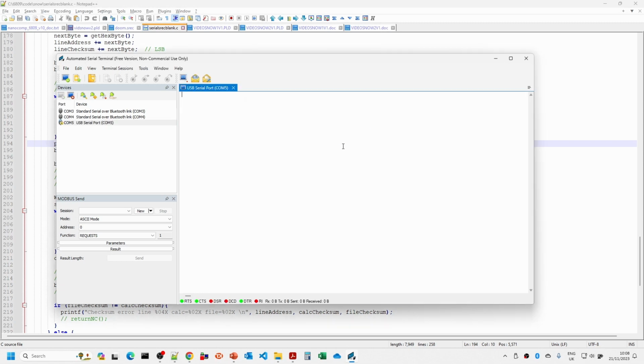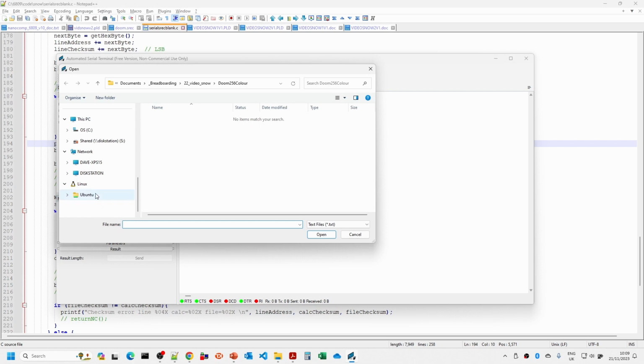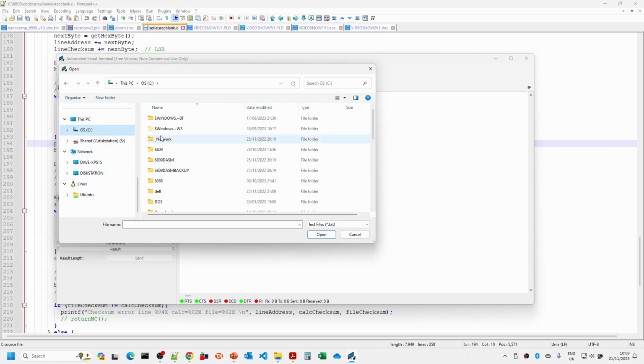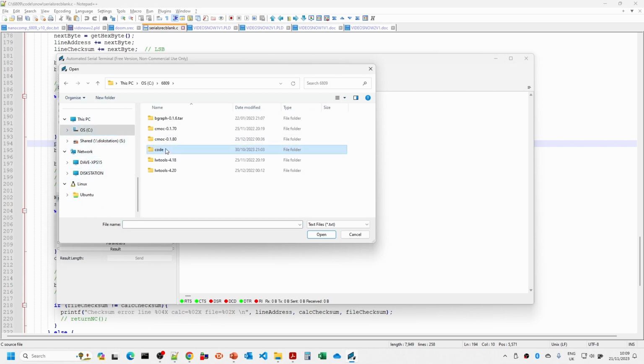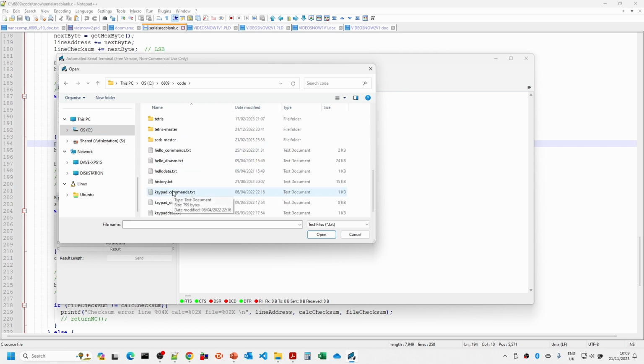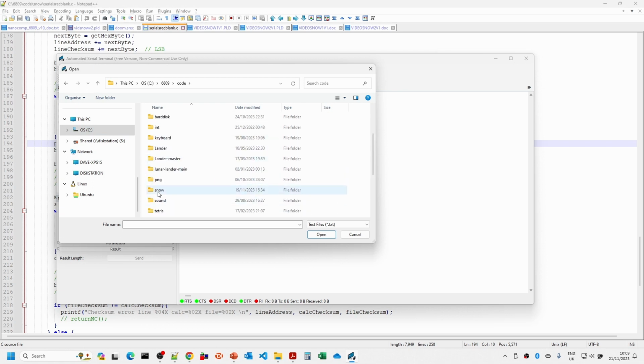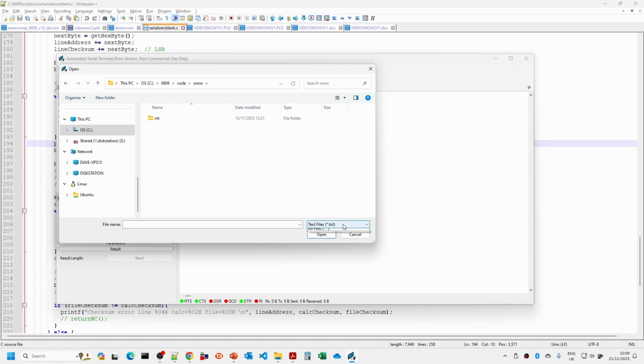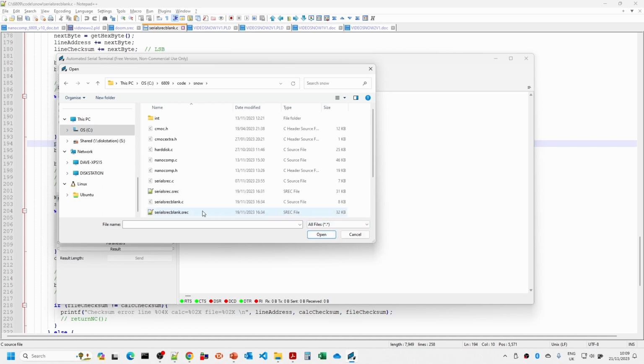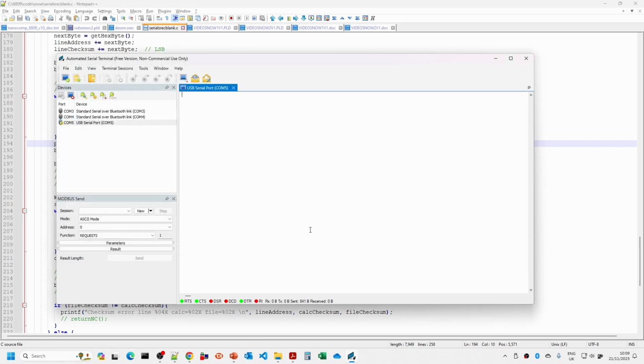So I'm just going to send down the program first, so we just need to send file and find where our file is. So sending it down, and that is in fact loaded.